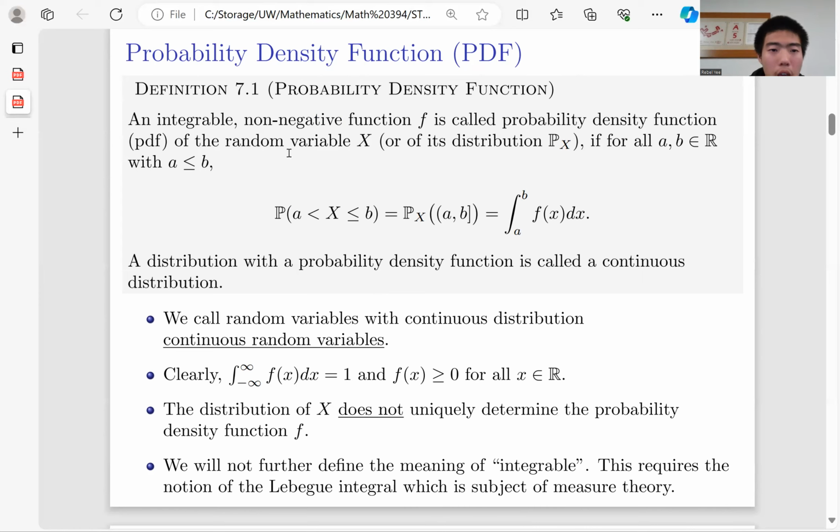We define it this way: an integrable non-negative function f is called the probability density function if we can find the probability between two values a and b by calculating the definite integral of the probability density function between a and b. That's how we find the probability for a continuous random variable.